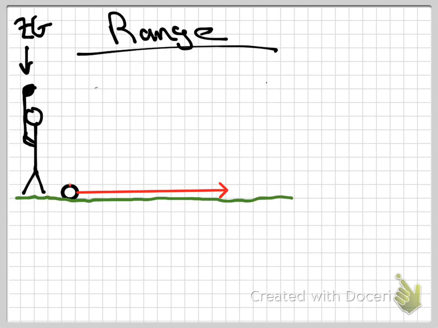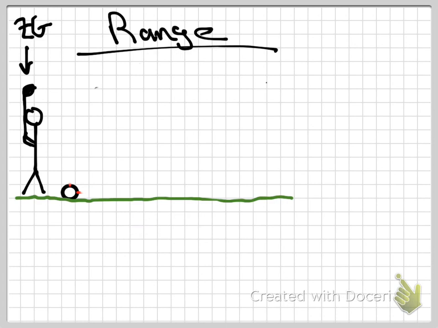So if he hits it at 0 degrees, it doesn't go in the air at all. So there's zero airtime. As soon as he hits it, it's already on the ground, so its range is 0 meters. The ball has greatest horizontal velocity, so its Vx is at its max, but it hits the ground right away. So that doesn't give us any range. So our range would equal 0. So what can we do? How can we launch this ball to give it the most range?